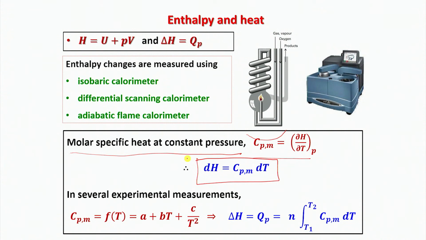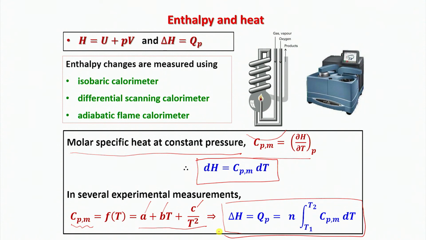So what you do is you find out this Cp,m at different temperatures, and you fit it to an equation like this. So for different substances, these constants A, B and C are going to be typical characteristic constants of the system that you are studying, and then you can find out delta H by using an expression like this.